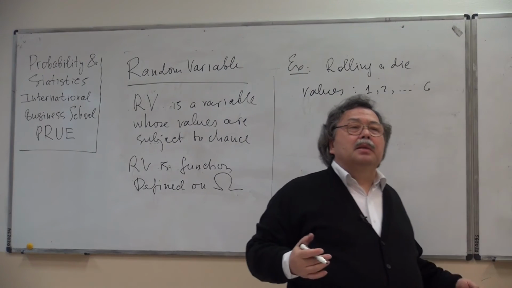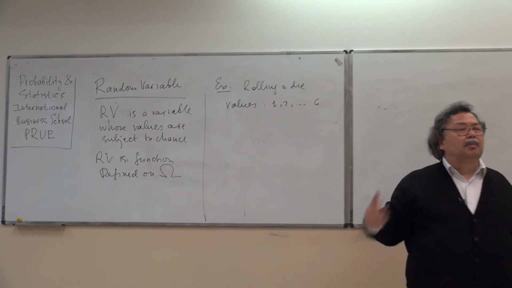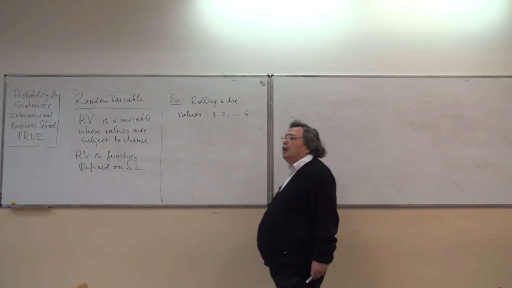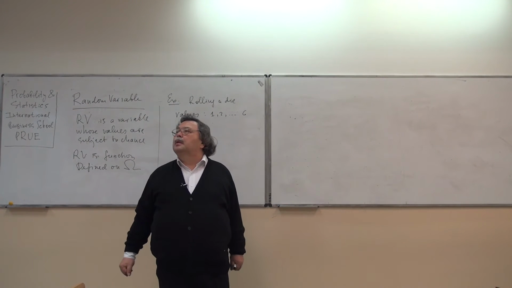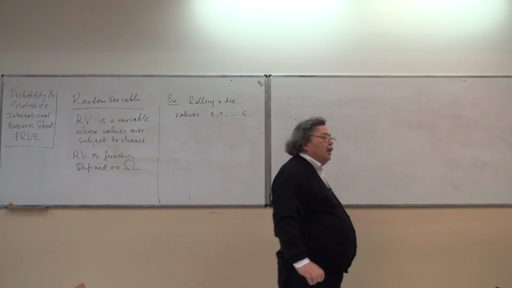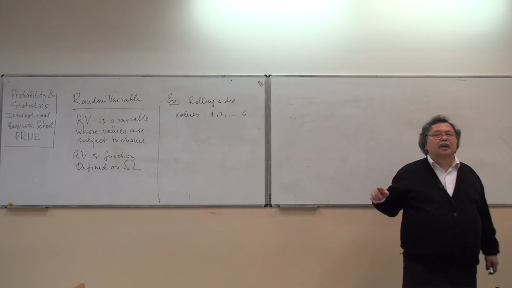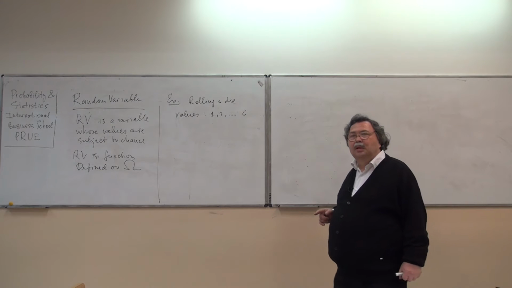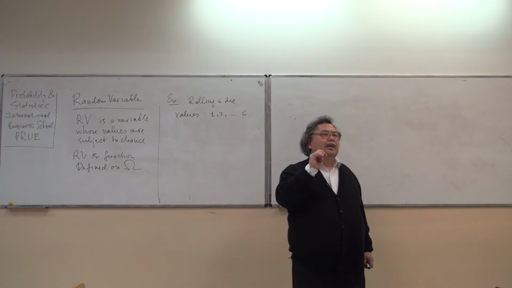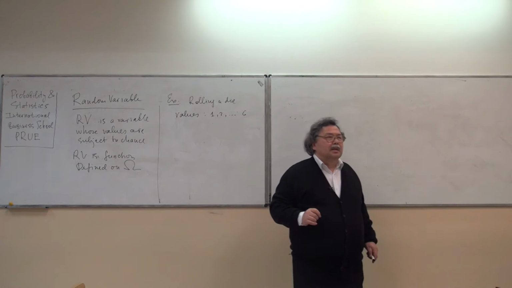Now, this is the simplest example, but it's not at all a general type of random variable. Let's discuss a slightly more realistic example. Suppose we select one person at random in this room and find out the age of this person, say in complete years.